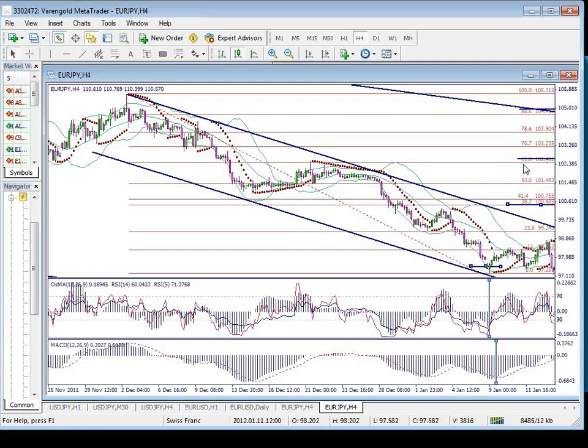Also 61.8. Maybe a lot of traders are not using all those levels of Fibonacci, but they are paying attention to 61.8 and 38.2. This is the reason why they can close positions, and we can see swings of the pairs in those areas.